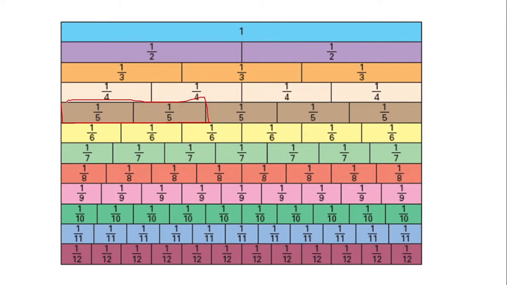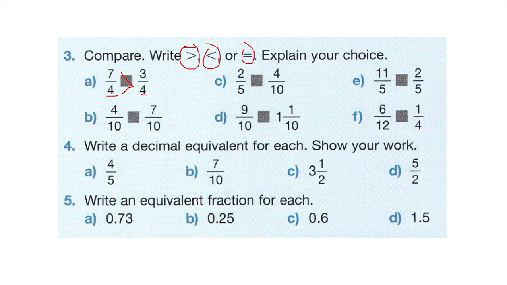This is our fifths, that's 2/5, compared to 4/10. Here is our tenths right there. Let's take 4 of them. And from the picture, you'll notice that they're the exact same size. So if I drop a line down here, the 2/5 and the 4/10 are exactly the same size. So for this one, we can say those are equal.